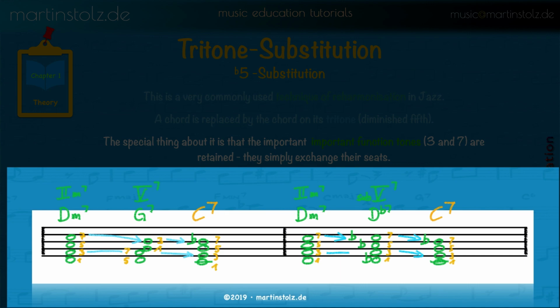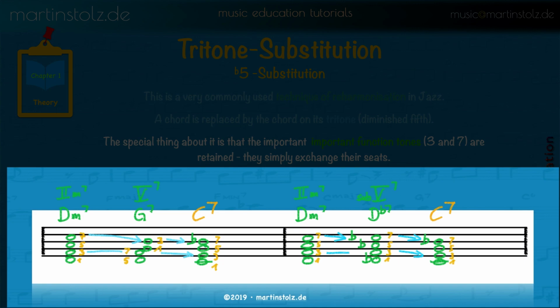C7. So the same thing happens if you change the G7 by a D flat 7. The C of the D minor 7 goes to the C flat, which is a B, of the D flat 7, which is the function 7, and the F of the D minor 7 stays and is still the 3 of the D flat 7, and then it moves in half step to the E of the C7.